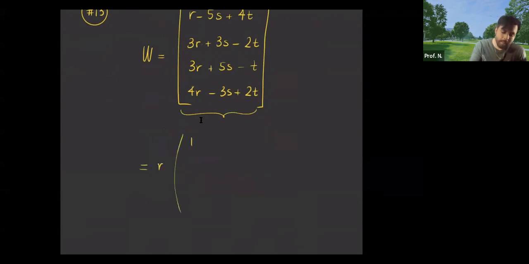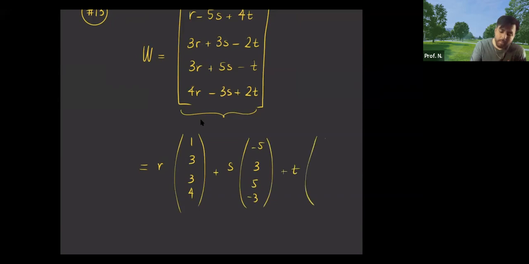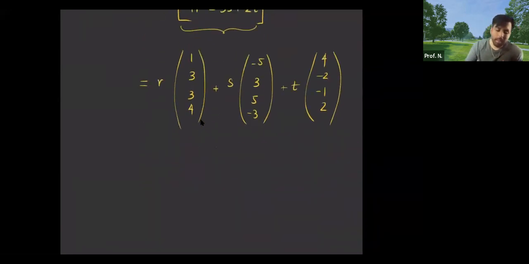You see, 1, 3, 3, 4 plus s times negative 5, 3, 5, negative 3 plus t times 4, negative 2, negative 1, 2. Do you agree? Right. But this is actually a linear combination of column vectors.